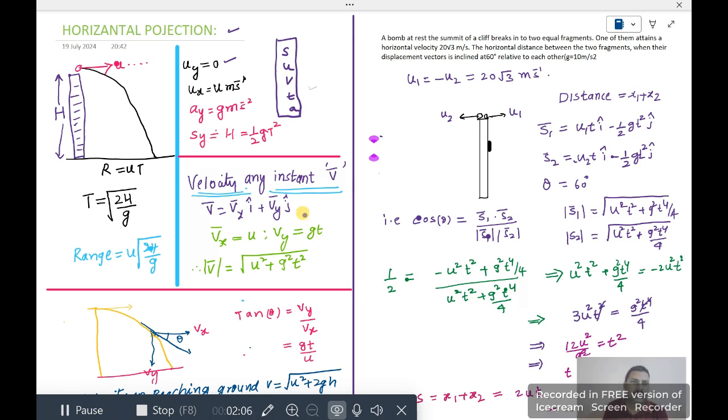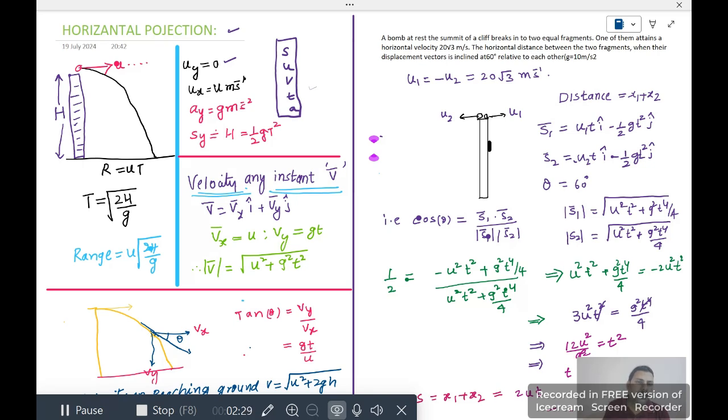In kinematics, we study the motion. So here we have Ay, Ax, Sy, Sx, Uy, Ux, Vy, Vx. These are all quantities, and x and y represent the x axis and y axis.